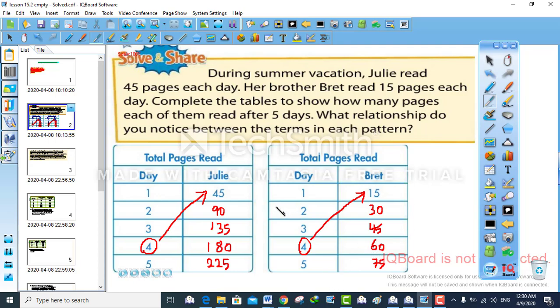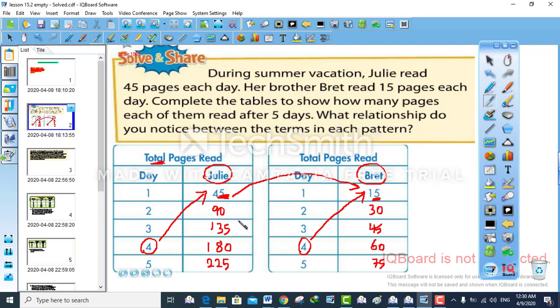Maybe another question can come to you, which is, what is the relation between the total number of pages that Jolie finished and Brett finished? Compare each two opposite numbers here. What is the relation between 45 compared with 15?